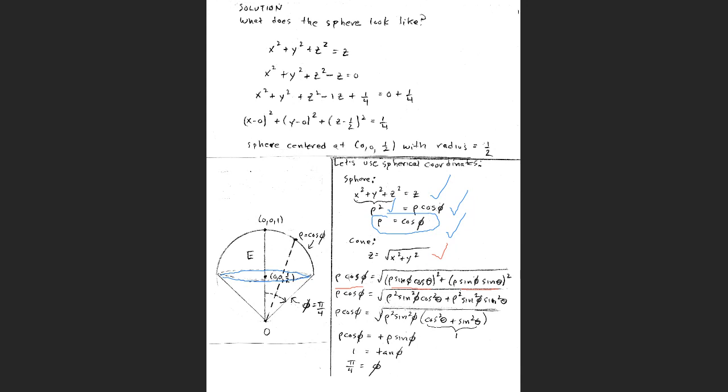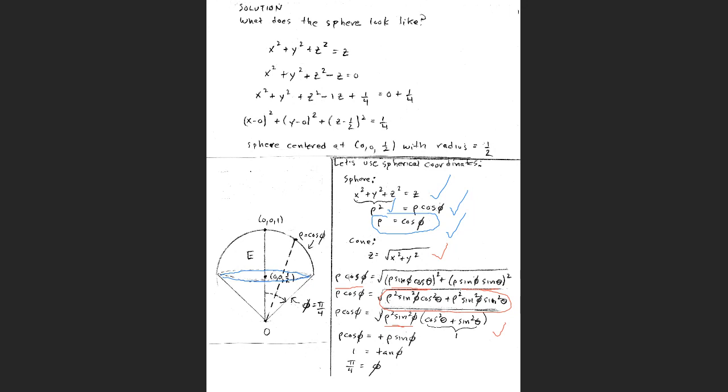We can factor out a rho squared sine squared phi from both of these terms, and then under the square root, I'll have rho squared sine squared phi times cosine squared theta plus sine squared theta, which of course equals 1. So rho cosine phi will then equal the positive square root, rho sine phi.